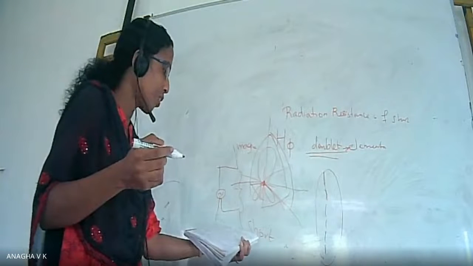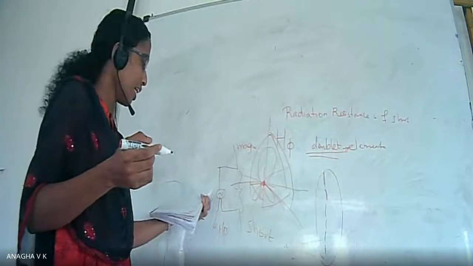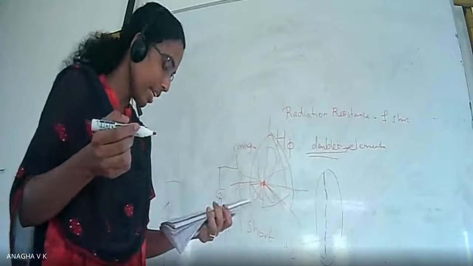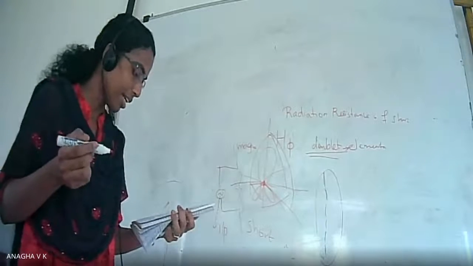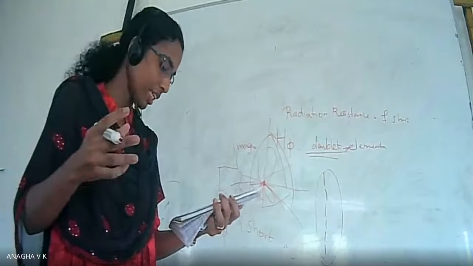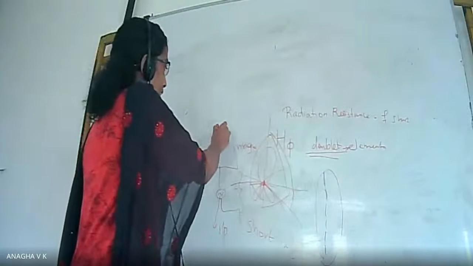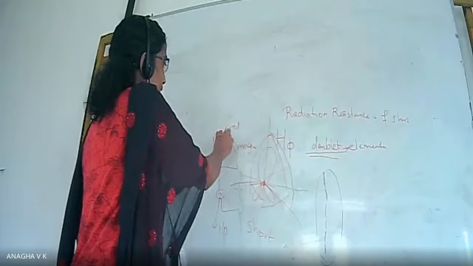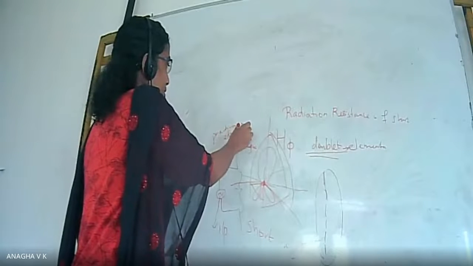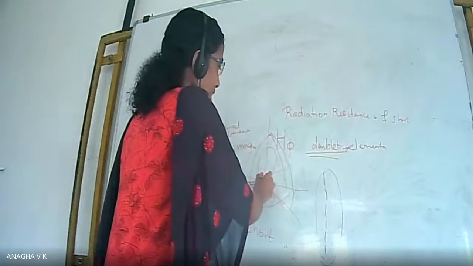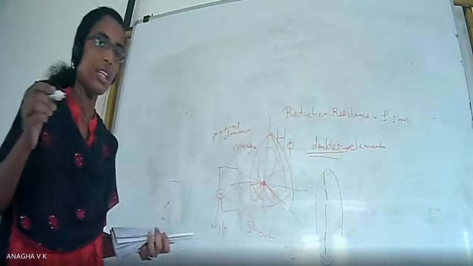So it is very short. A center fed antenna having a length that is very short in wavelength is a practical dipole. So practical elementary dipole.